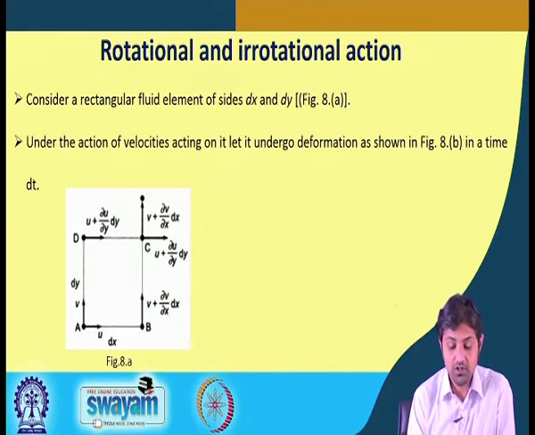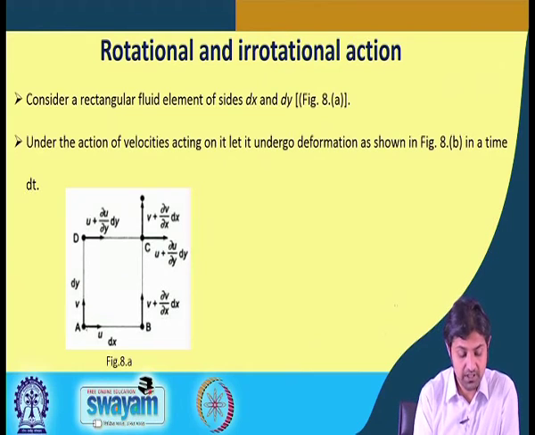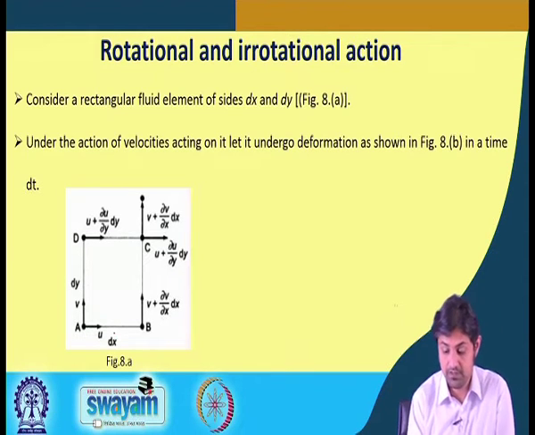Under the action of velocities, for example, at A there is a velocity u in the x direction and v in the y direction. So, on the side dx it's u and on the side dy it's v.